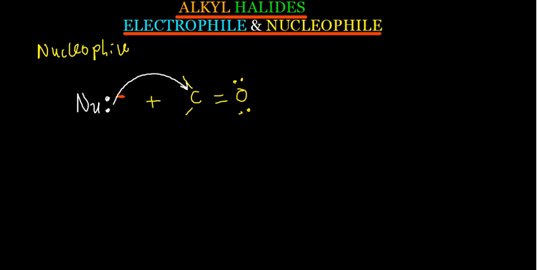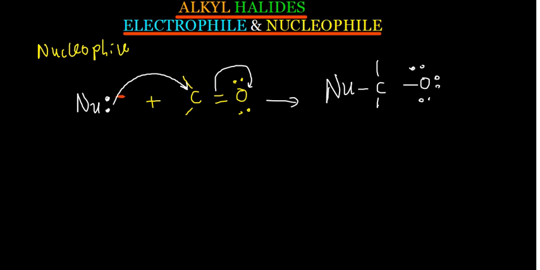Now carbon can't have the fifth bond which is coming in. So this bond is going to be broken, taking the electrons here. And so we are going to have a nucleophile attached to a carbon, and then oxygen with three lone pairs of electrons.